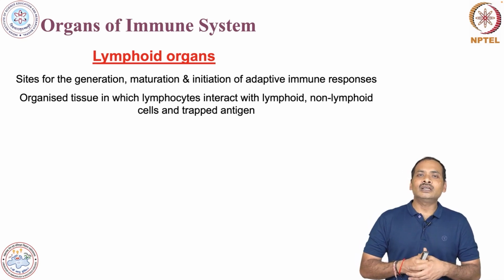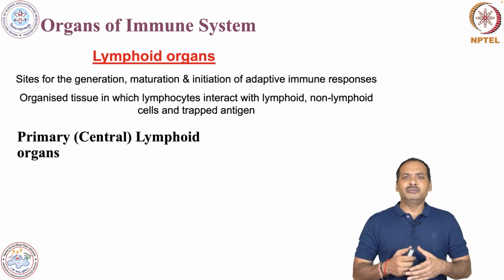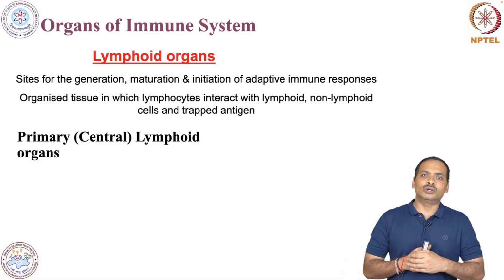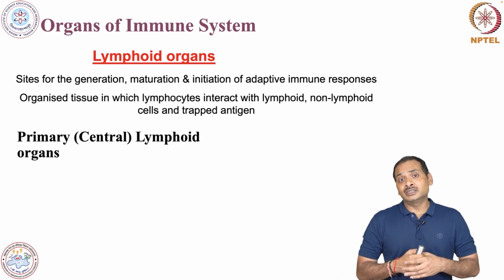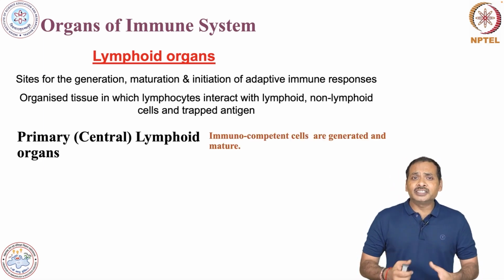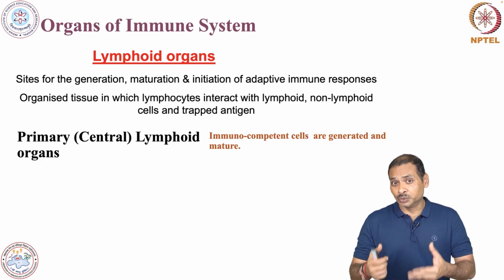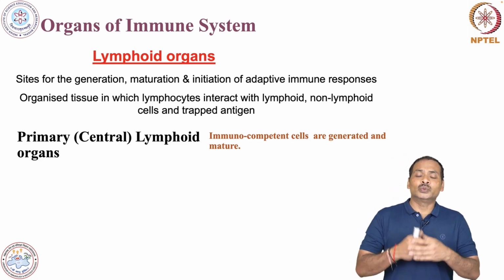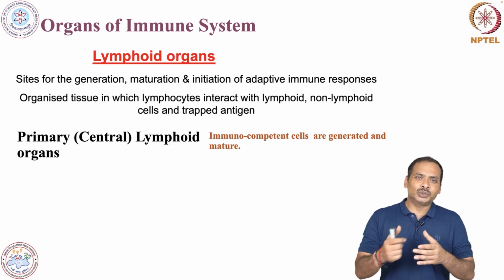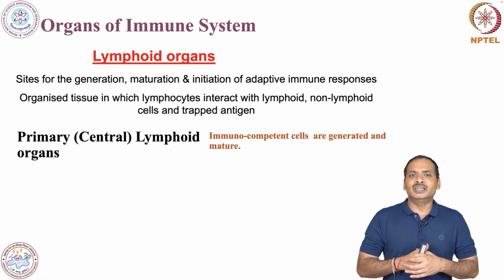Okay. So, lymphoid organs are basically of two major kinds. One is the primary or central lymphoid organ, and these organs are basically the site for the generation of immunocompetent immune cells or lymphocytes, where these cells will mature and then move to another site where they will see the antigen.